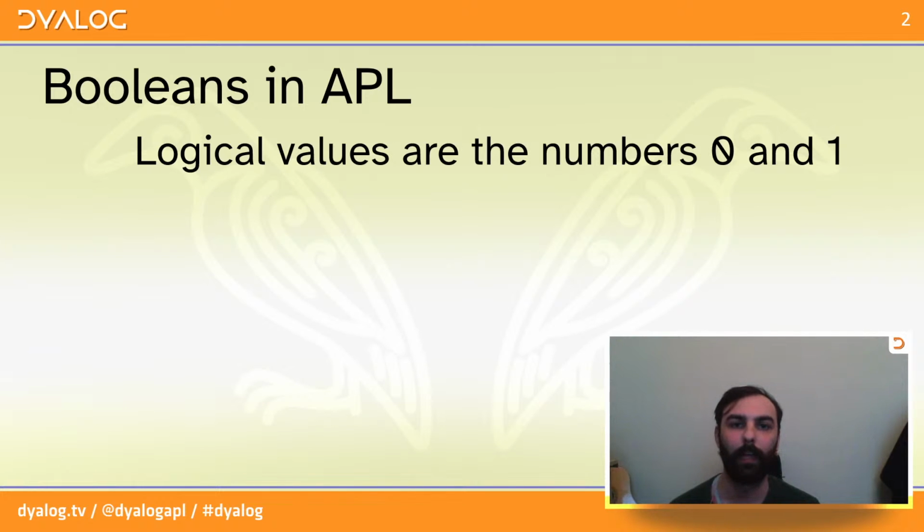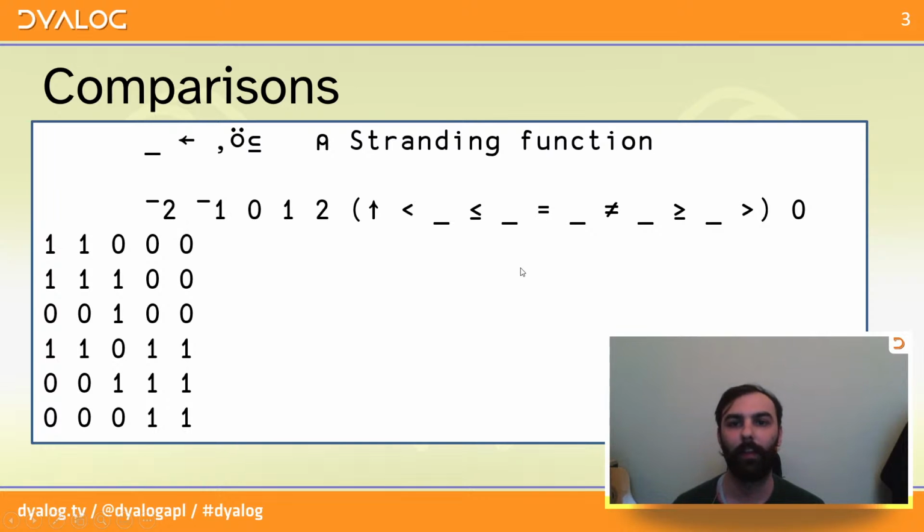But in APL, logical values are just the numbers 0 and 1, so you can do all the number things with them. As I said, they're the results of logical comparisons. So here, for example, we have this 6-row matrix, and that's just giving you the results of each of these 6 comparison functions between this vector on the left and 0.